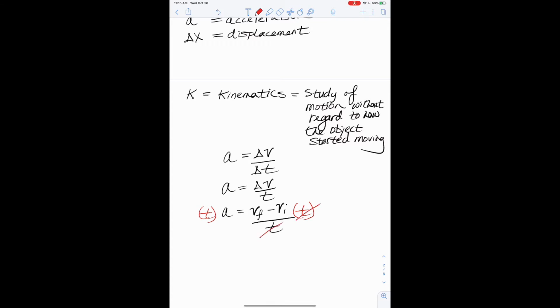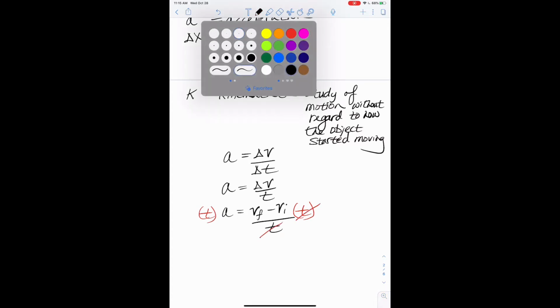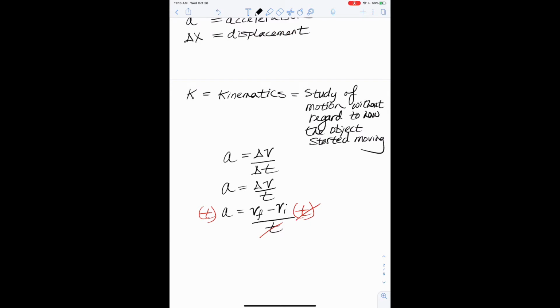Cancel here. I'm going to rewrite. So I have AT equals VF minus VI. I'm going to kick the VI over to the other side by adding VI to both sides.